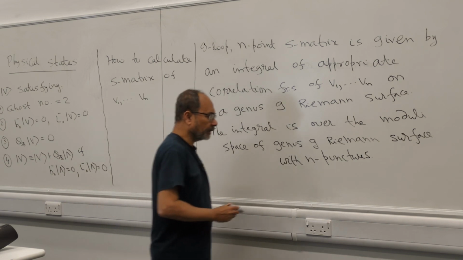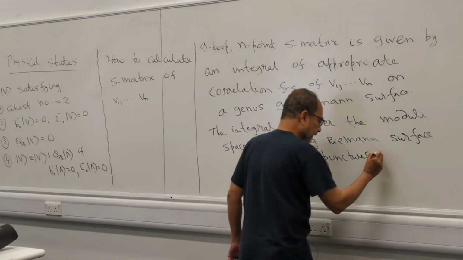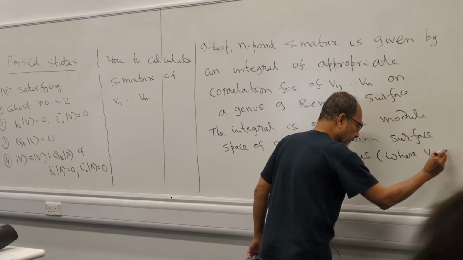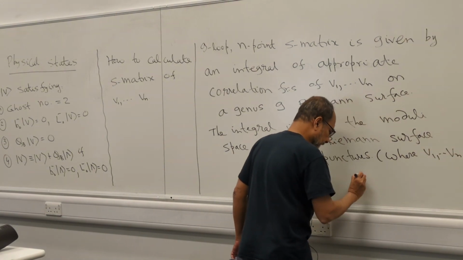Punctures are fixed points on the Riemann surface. This is where the operators V1 to Vn are inserted.